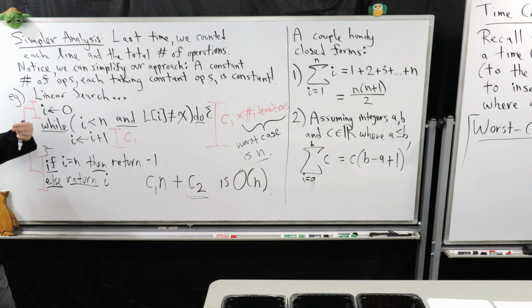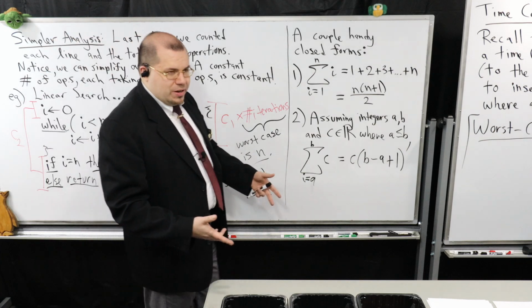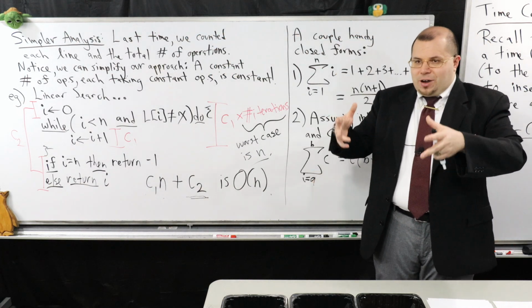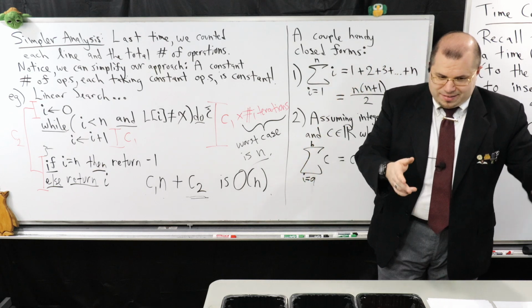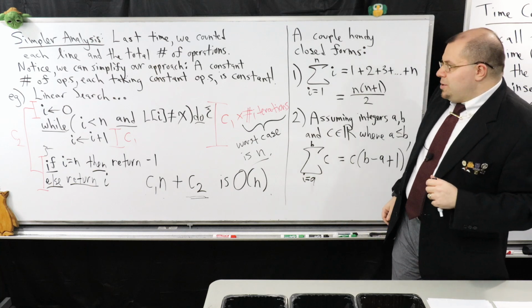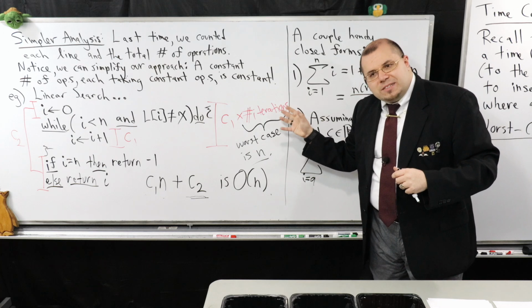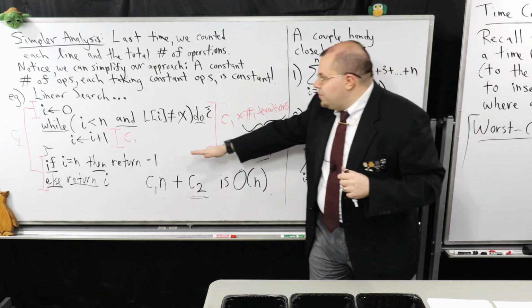And if I accounted for all of those plus this, I'll still end up with a constant number of operations times the number of iterations of the loop, which at the end of the day will end up being some function that looks like a constant times a linear function plus another constant. So by doing it this way, I never really have to worry about those specific details. All I've done is I've grouped them together by the relevant operations.